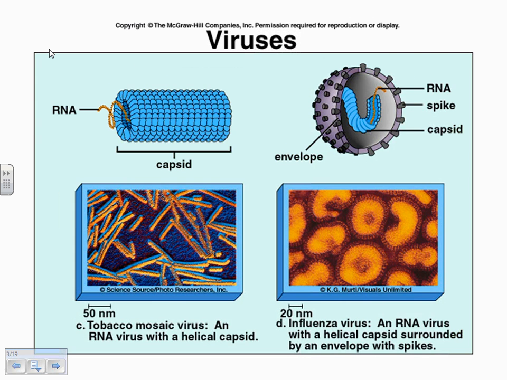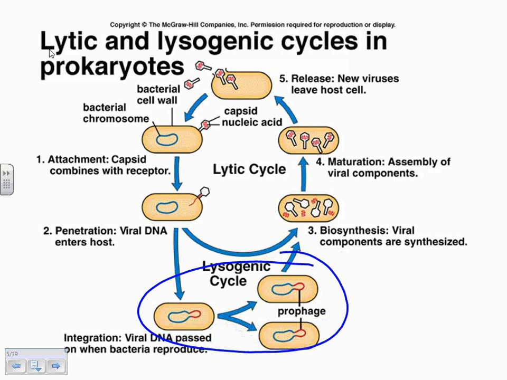The other thing that I will quickly review with you: the life cycle of a virus is called the lytic cycle. And we know that the way viruses work, they first attach to a cell, usually using a receptor for some kind of solute. Once they attach, they inject either their DNA or their RNA into the host cell. The machinery of the cell then will do whatever that piece of DNA says to do.